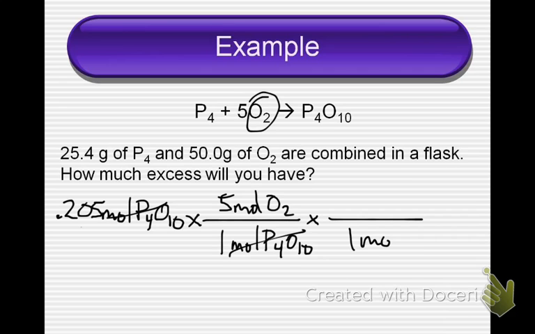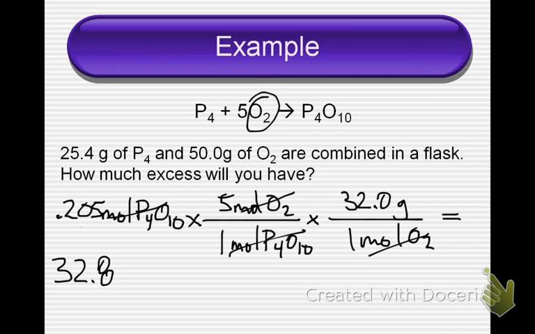And 1 mole of O2 is 32 grams. What this means then, in order to produce 0.205 moles of P4O10, which is what was produced, we would need to use 32.8 grams of oxygen.